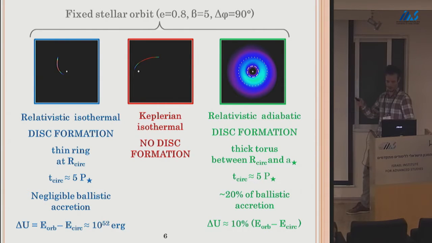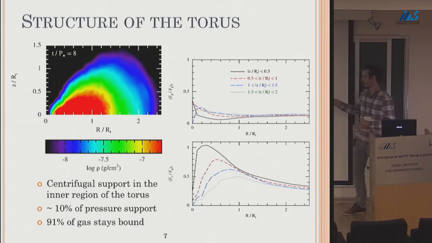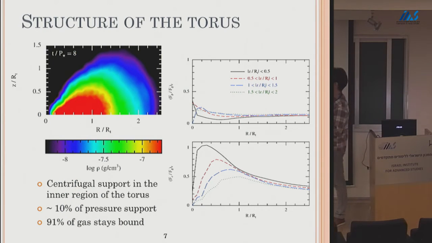Okay, I'd like to continue giving more information on the structure of this torus. As I already said, it forms between the semi-major axis of the star, which is 1 here, and the circularization radius, which is 2/5 here. Another important thing is that there is centrifugal support in this torus only in the inner regions.